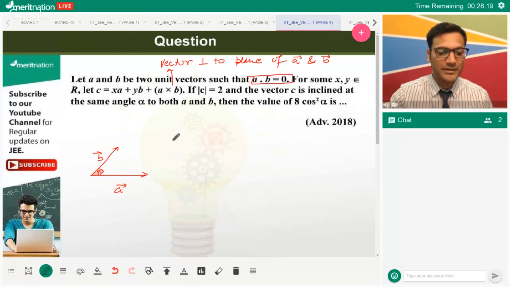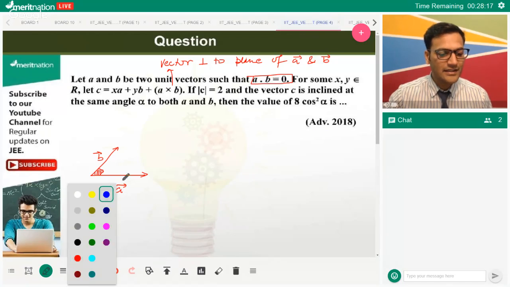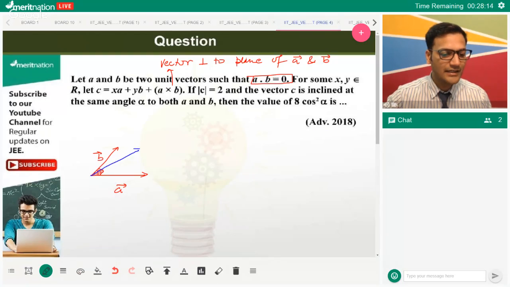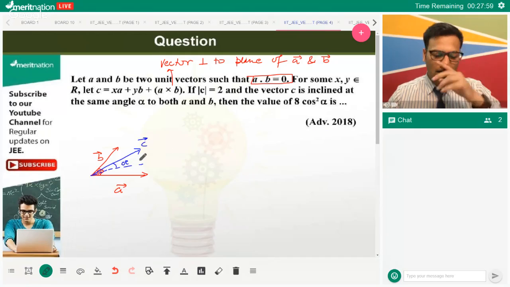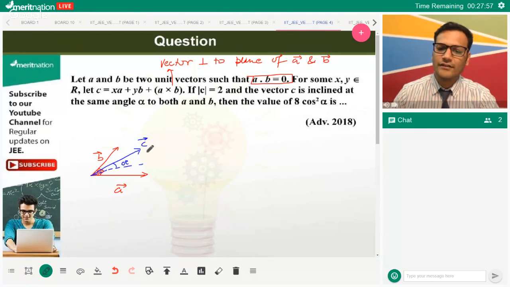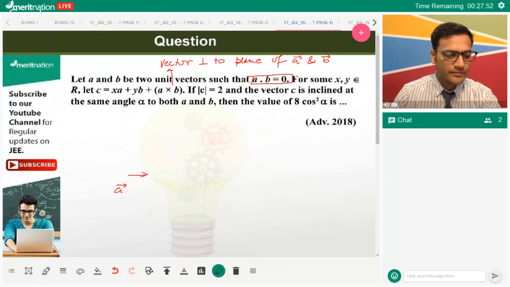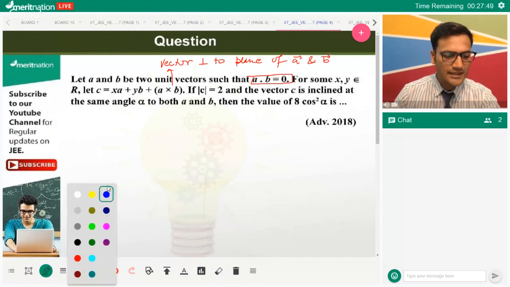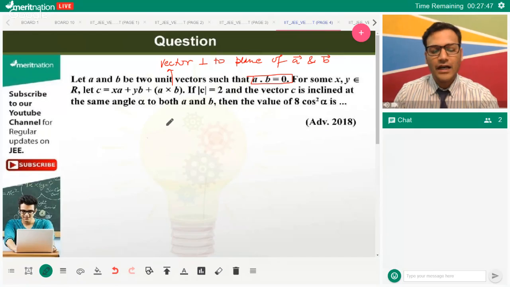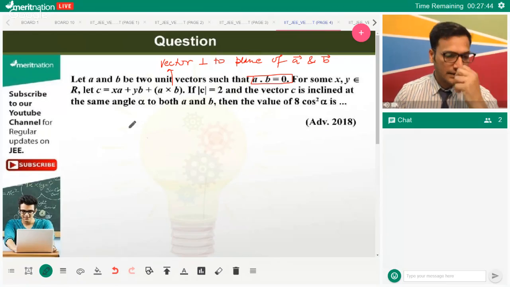Then there is a vector C somewhat aligned like this, which forms an angle alpha from this plane. So it forms the same angle from A as well as from B. I hope this makes sense. So C is one of the vectors of this sort. Anyways, this was just a way to understand the scenario being given to us. However, it was not required for you to make the diagram.